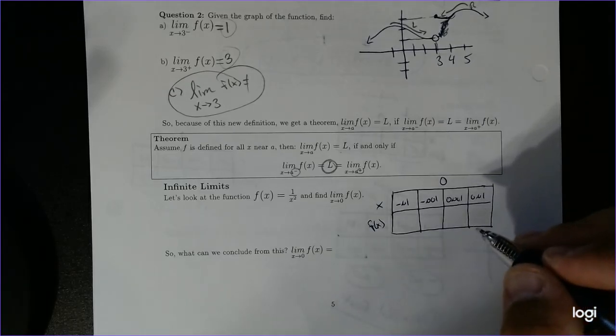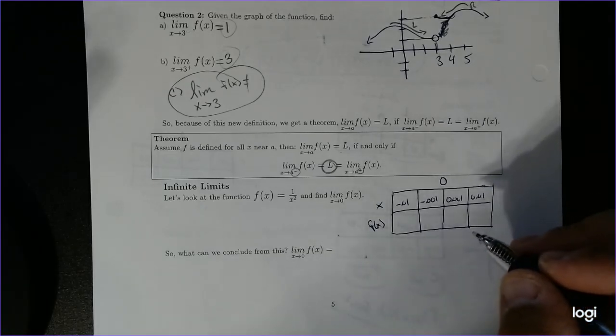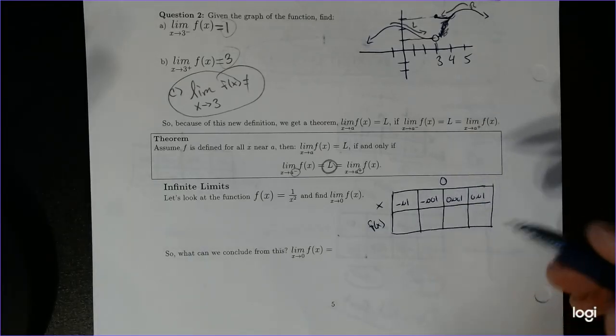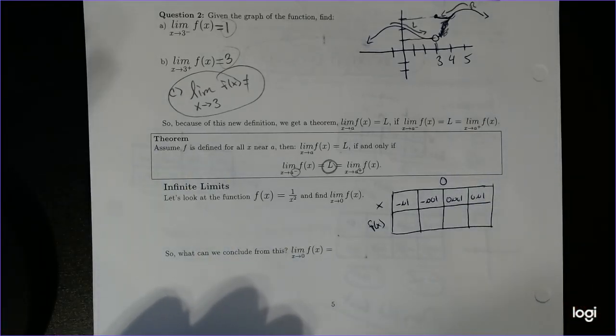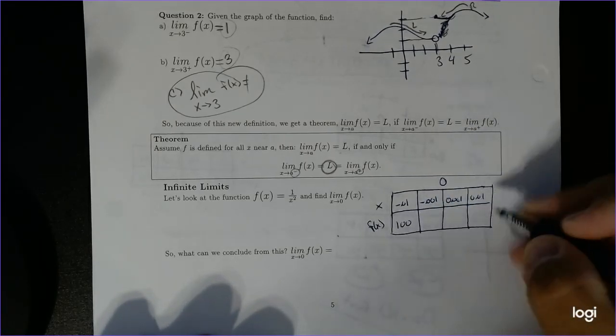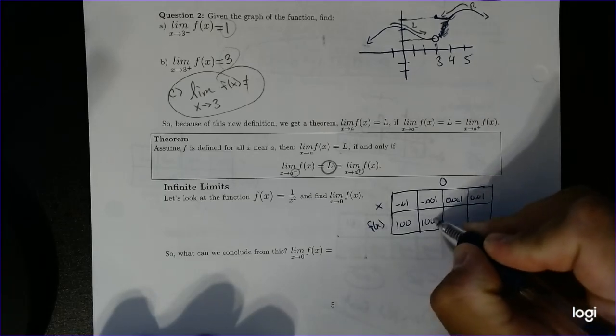Okay. So let's plug in each one individually. So the first one, that's going to give you a positive 100. This is going to be 1,000.